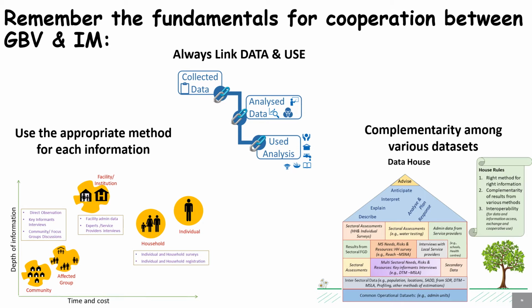Complementarity between this information ensures specific decision-making is based on data that can support it. A shared understanding of complementarities among different methodologies is critical for sound analysis. At all times, the link between collected data sets, their analysis, and their humanitarian response should be clear.